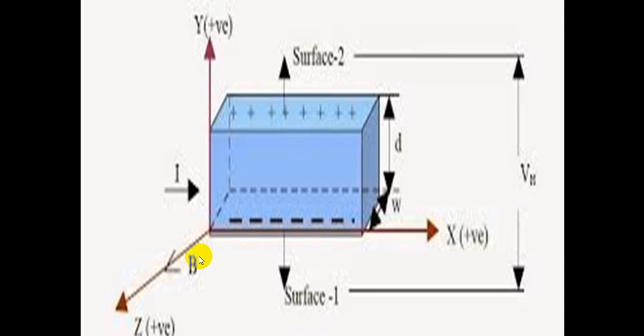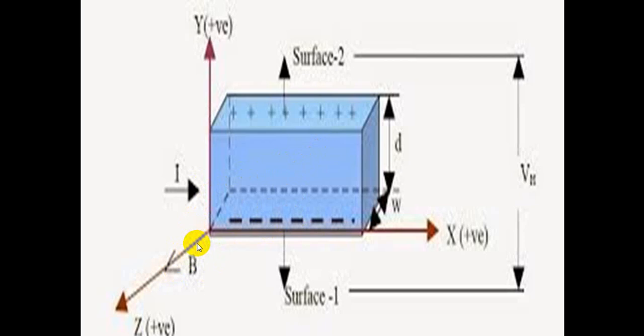When we are applying magnetic field, external field, due to this field always some force acts on the electrons. Here due to the magnetic field some force acts on the electrons. Due to the force the electrons are reaching to the bottom surface.